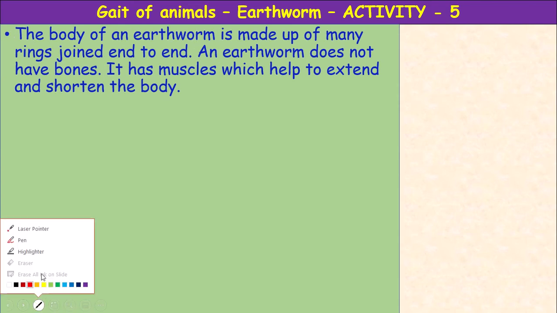So this earthworm is an invertebrate, belongs to phylum Annelida. The body of an earthworm is made up of many ring-like segments joined end to end. An earthworm does not have bones, no skeleton.